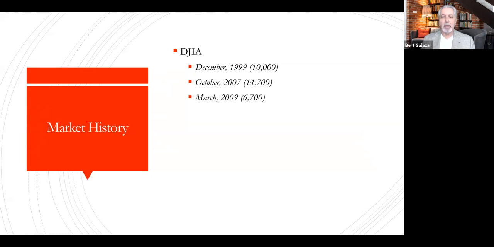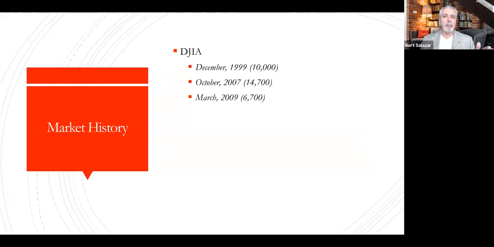14,700. By sometime in March of 2009, the Dow Jones went from 14,700 back down to 6,700. It was one of the biggest drops in American history for the Dow Jones Industrial Average.